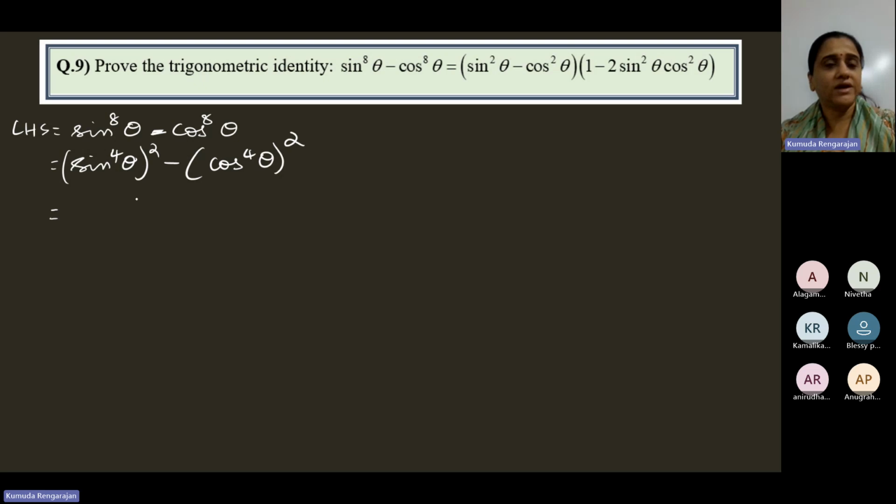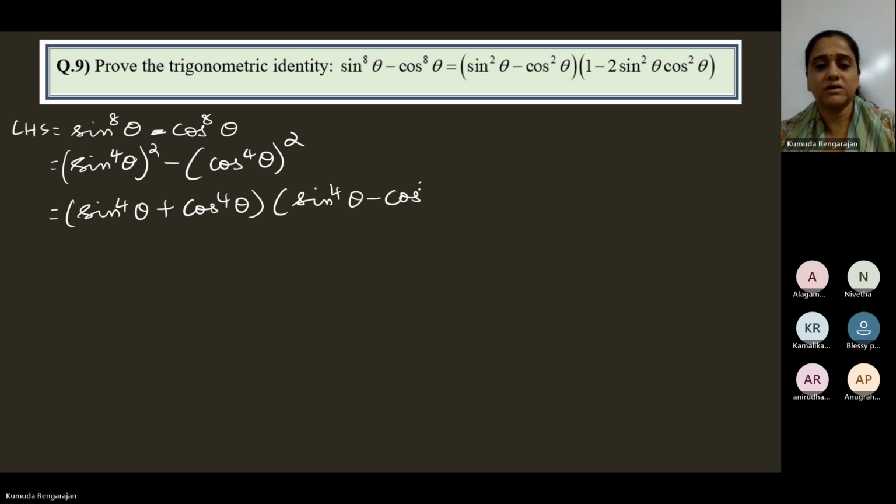So now this is a squared minus b squared, which is a plus b into a minus b. Correct? Now this one, sine theta to the power 4 plus cos theta to the power 4, we've done it earlier, same steps you'll get.